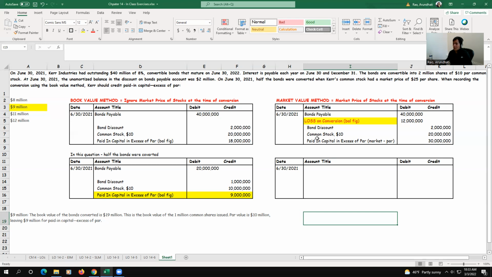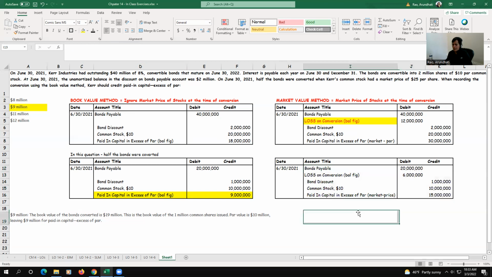Here we say no, we do need to look at the market value, and in the process we have a loss on conversion. Again, if we were following through with the problem, we would do everything for half because half the bonds are converted. I just repeat the whole thing for half the numbers, so all of these numbers, divide by 2. That's a simple calculation.